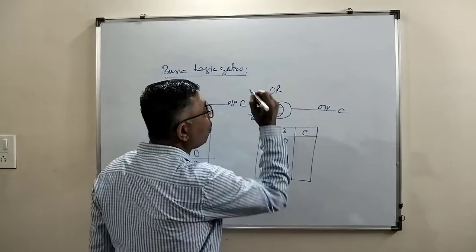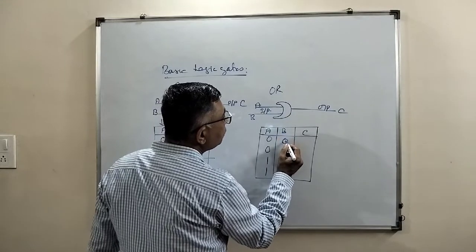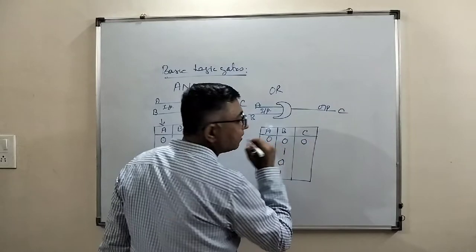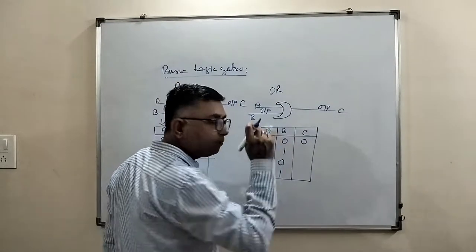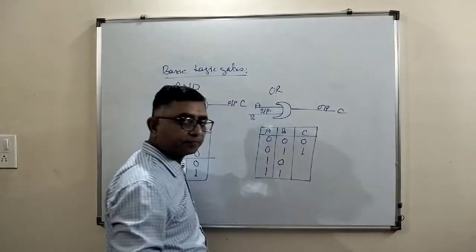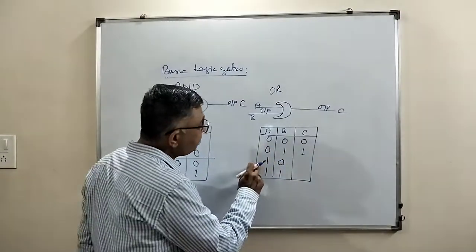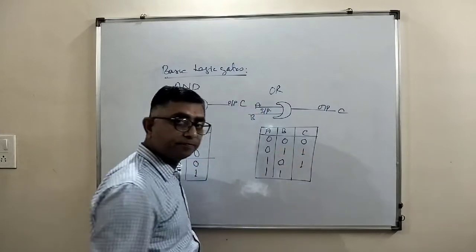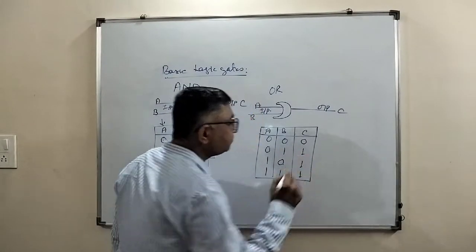So in the case of OR gate, once we apply 0 on both the inputs, we are getting 0 here, right? Once the first input is 0, second input is 1, we are getting 1 here. First input is 1, second input is 0, again we are getting 1. 1, 1, again we are getting 1, right?